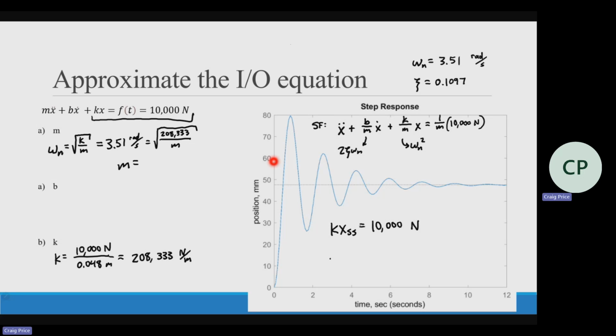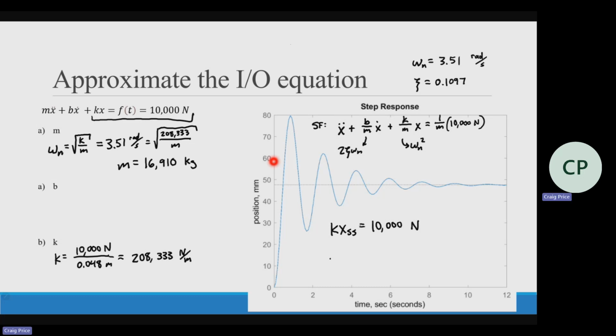So 3.51 squared, and I got a mass of 16,910 kilograms. Now, is that reasonable for the object? Well, again, this is a complex system. Maybe there's actually a lot of different pieces going on. So maybe it's not exactly the mass, but this is a way that we can create an approximation that can give us the same kind of output.